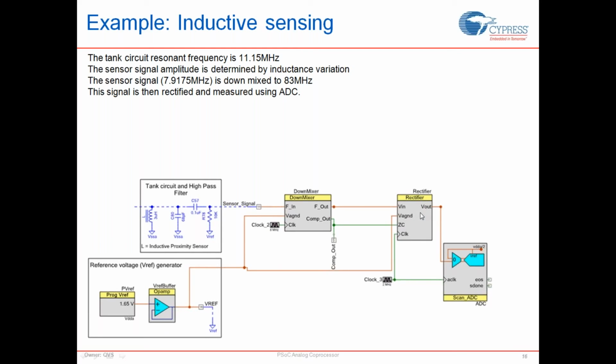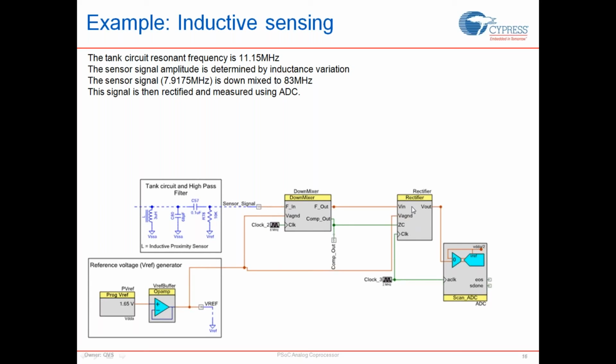The rectifier is configured in such a way that the gain of the UAB is determined by a modulation signal coming from the comparator's output. So you have the sine wave output coming out of the F out going into the rectifier. You also have the comparator's output going into the zero crossing input of the rectifier.